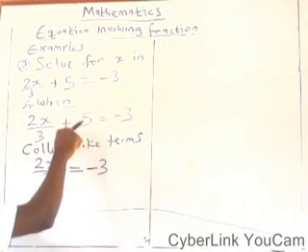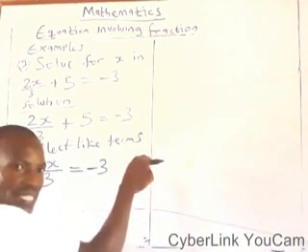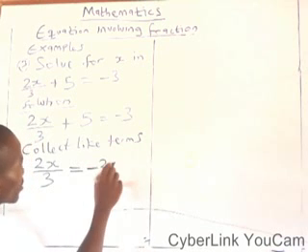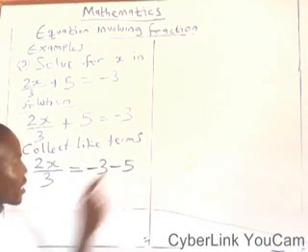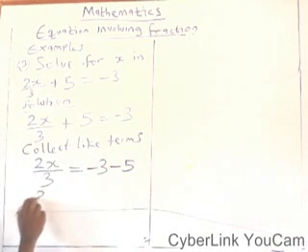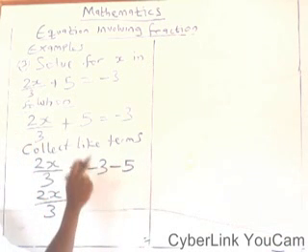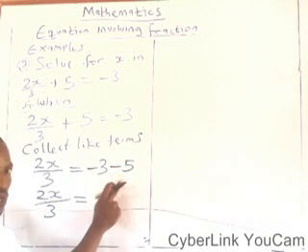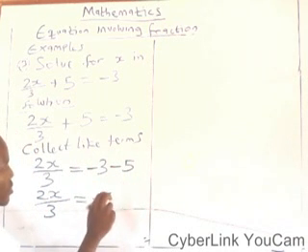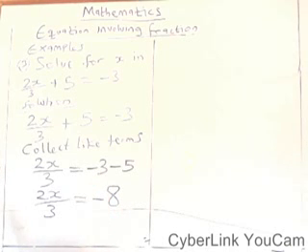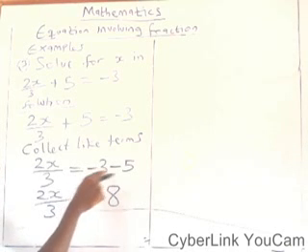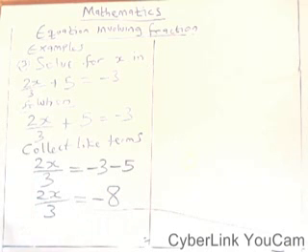Immediately 5, which is plus 5, moves to the other side, it is going to change to what? Minus 5. Now here we have 2x over 3 is equals to minus 3 minus 5 will give us what? It's going to give us minus 8. Minus 3 minus 5 will give us minus 8.